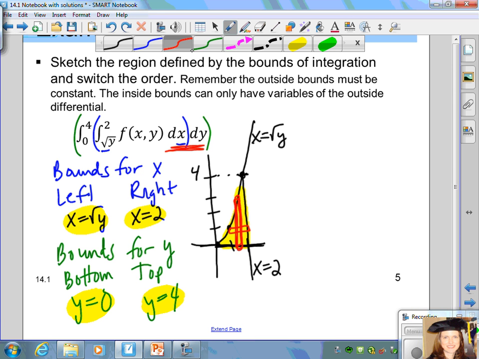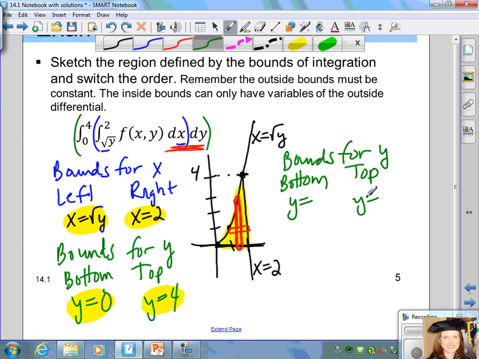So our bounds for y is going to go from the bottom of that rectangle, bottom y equals to the top of that rectangle, y equals, and then our bounds for x, we're going to look at the x, the left x equals to the right x equals.